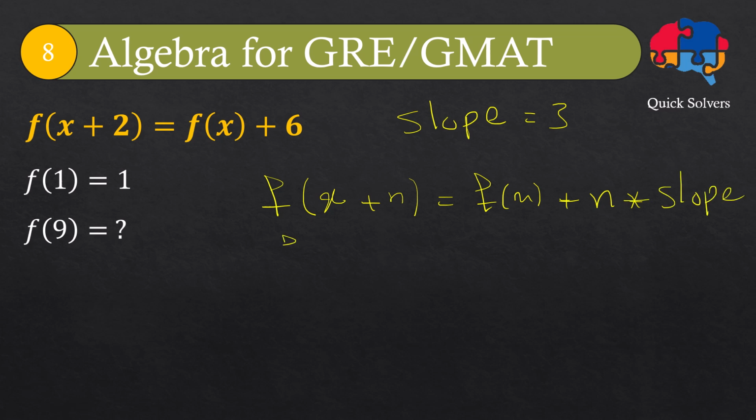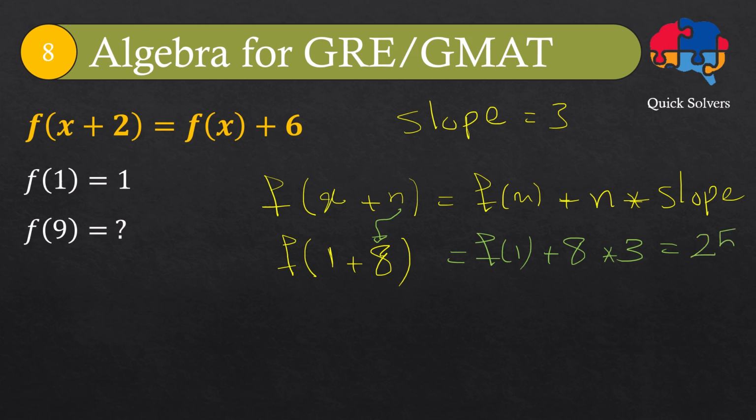Now we're looking for f of 9. f of 9 equals f of 1 plus 8. Here I'm taking n equal to 8, because going from 1 to 9 needs 8 increments: 1, 2, 3, 4, 5 up to 9. This equals f of 1 plus 8 times the slope, which is 3, and this gives me 25. So f of 9 is 25.